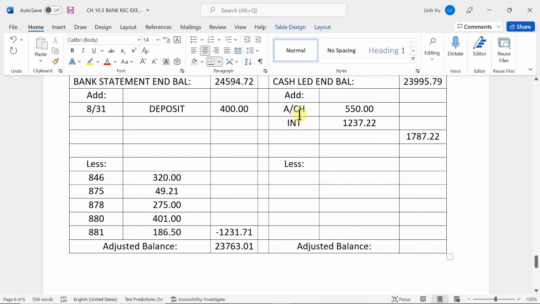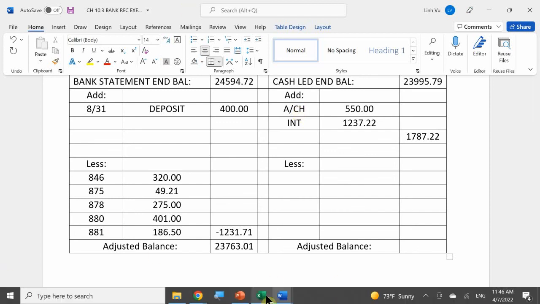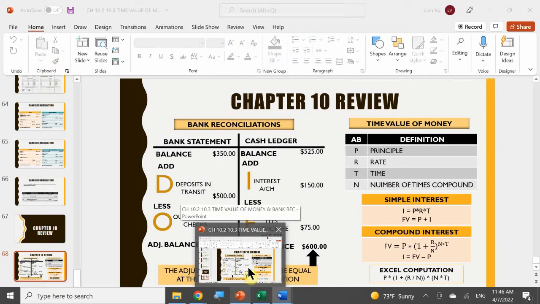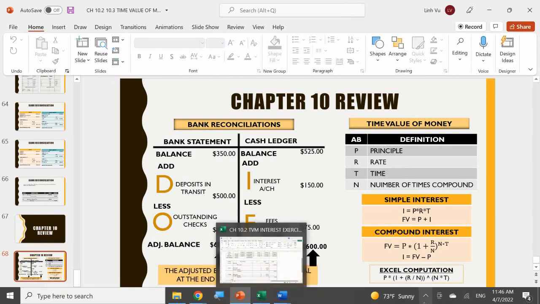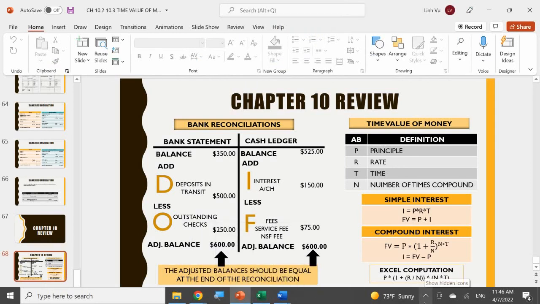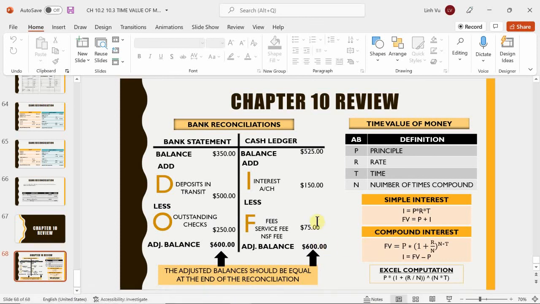What do I need to subtract from my cash side? What did the bank do to me? What did the bank, what do I have to subtract?